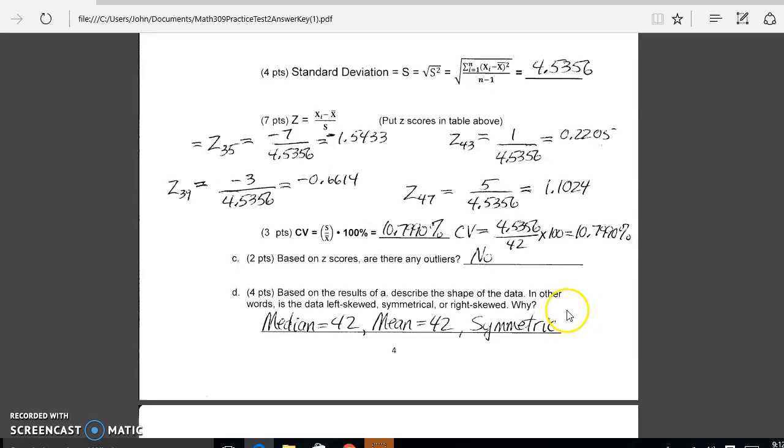And that is the case here, that the median and the mean are the same, so the data is symmetric. If the mean were greater than the median, to the right of the median, it would be right skewed. If the mean were less than the median, to the left of the median rather, it would be left skewed. So that is problem number 2 on practice test number 2.